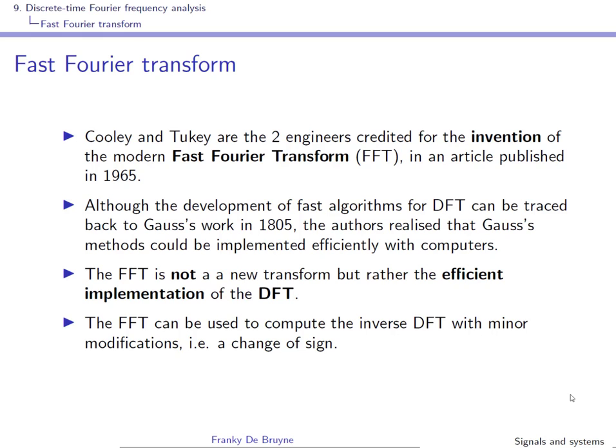So the FFT, even if it contains the word transform, is not a new transform, but rather an efficient implementation of the DFT. It can also be used to compute the inverse DFT, because we've seen that the DFT and its inverse are very close. It involves a change of sign and a normalization.